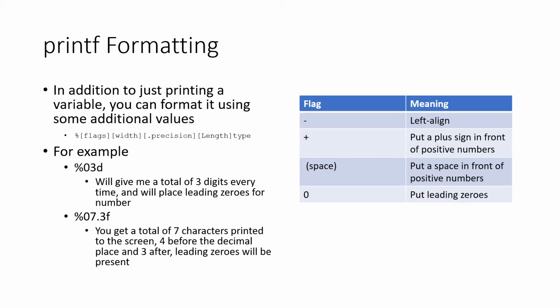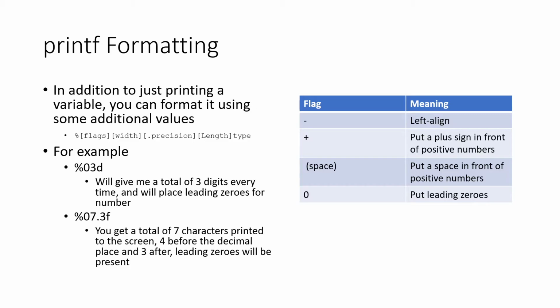So it'll allow you to keep things the same length. So for example, we could say %03d. So if we have the value 1, for example, we would get 001 as the output. Because we're requiring it to be 3 in length, it is d, which means that it is an integer, and we have zero, so it's saying we want the leading zeros.